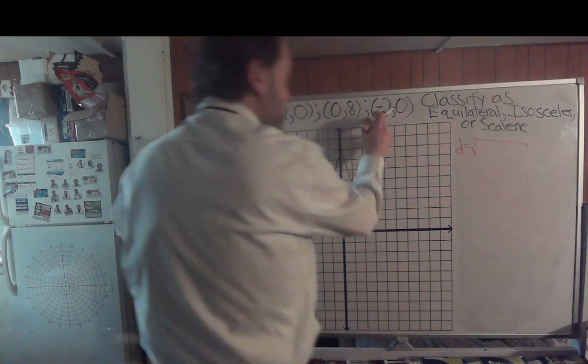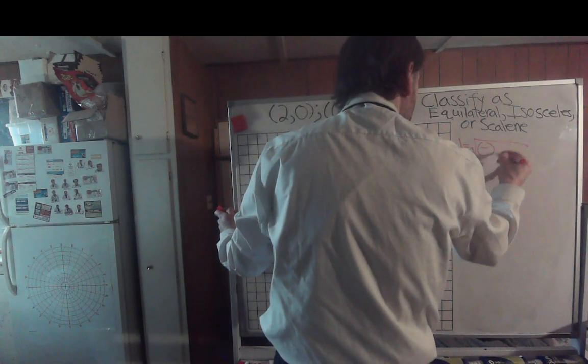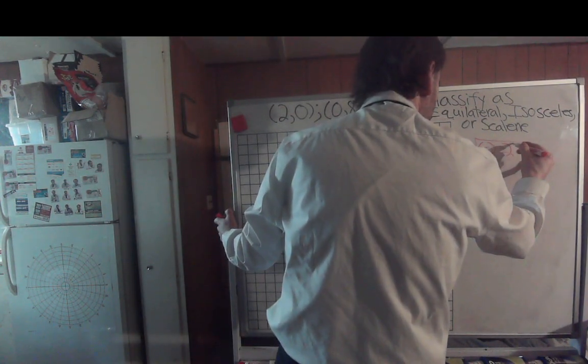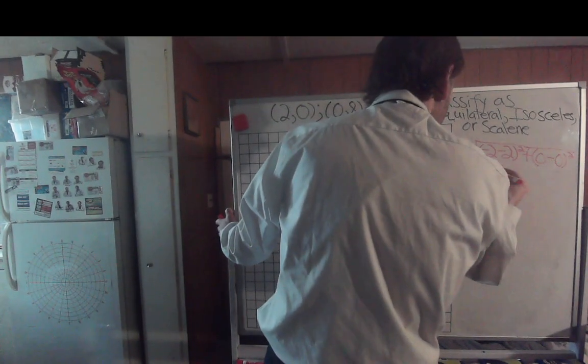So take your x2 of negative 2 minus your x1 of 2, square that, plus your y2 of 0 minus your y1 of 0, raise that to the second power. Well, okay, negative 2 minus 2, that's negative 4 squared.